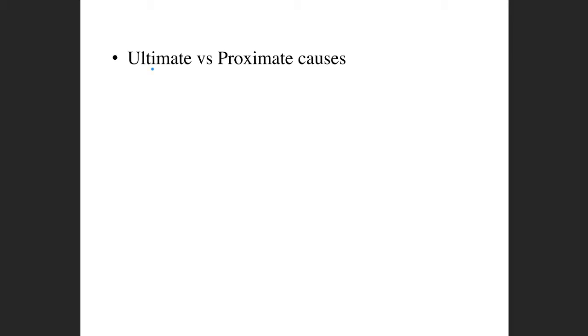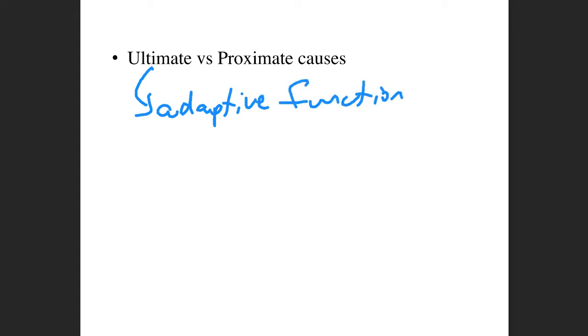Okay, so ultimate causes relate to the adaptive function, and they're often considered sort of why questions. Whereas proximate causes focus on the mechanisms underlying behaviors.